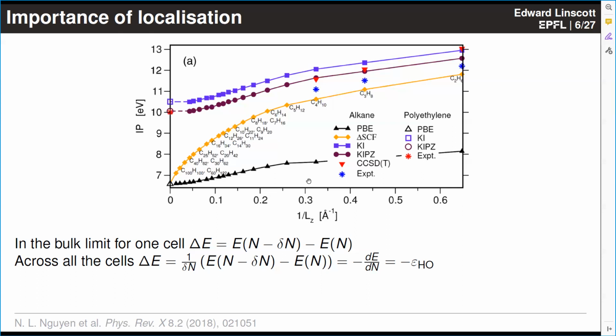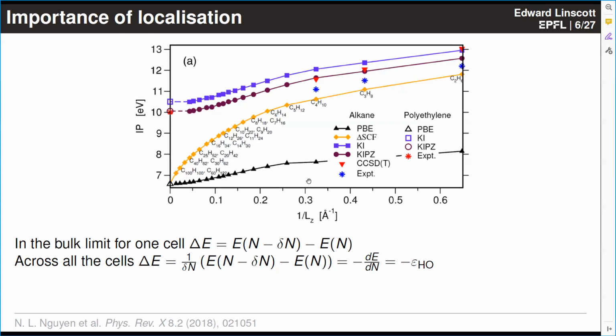No, they wouldn't converge to the same result for exact density functional theory. The idea is that either we can improve our functional or we can apply one of these Koopmans corrections.